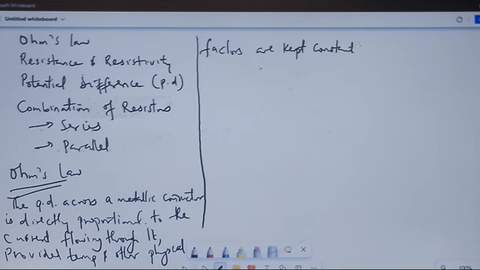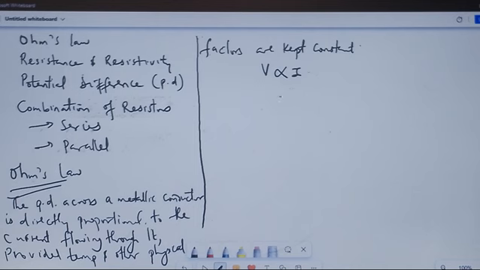That law can be expressed with an equation where we say that the potential across a metallic conductor is directly proportional to the current flowing through it, provided temperature and other physical factors are kept constant. So V is proportional to I. Let's label it equation 1.